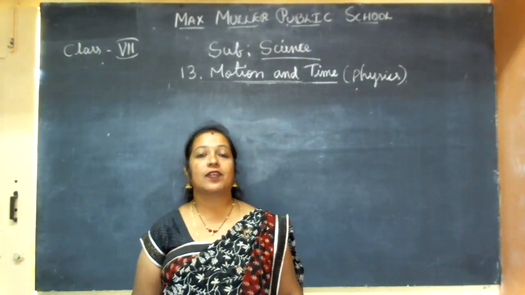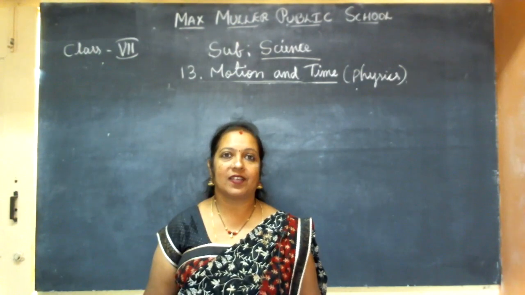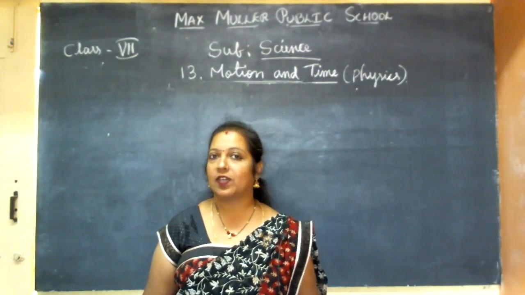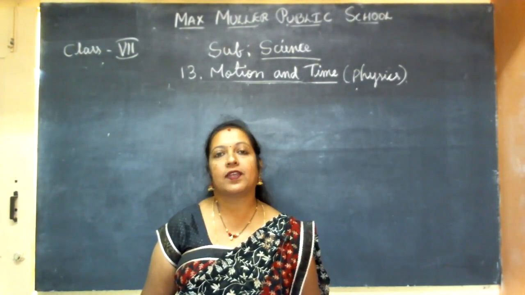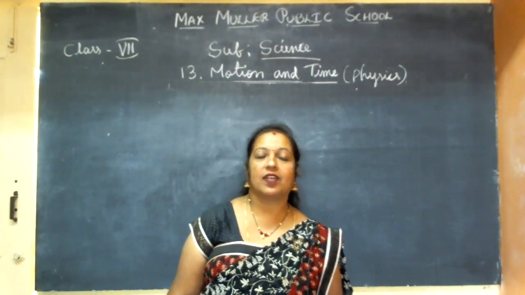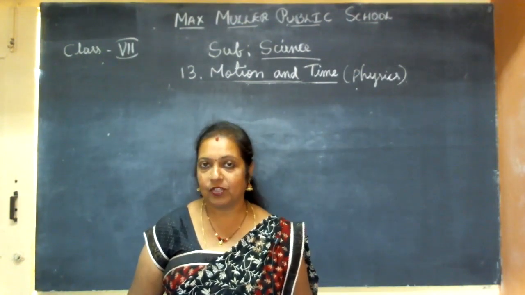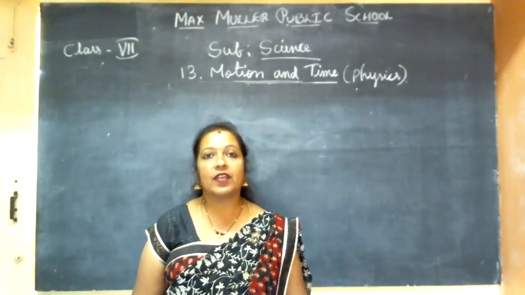Okay, so first, what is motion? That is not given in your text. Any moving body, that instance, we call it motion. One body under movement is called motion. Types: we studied linear or straight motion and circular or periodic motion.